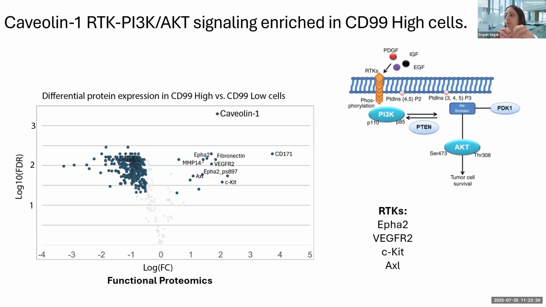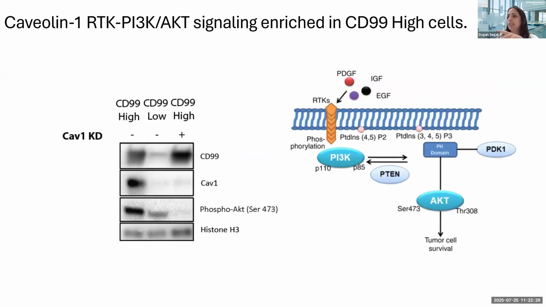And this is an important tumor cell survival pathway that's often associated with cancer progression. And indeed, in our system, we see that the active form of AKT is more enriched in the CD99 high cells and dependent on CAV1, because when we knock down CAV1, we have a loss of this active AKT signaling.